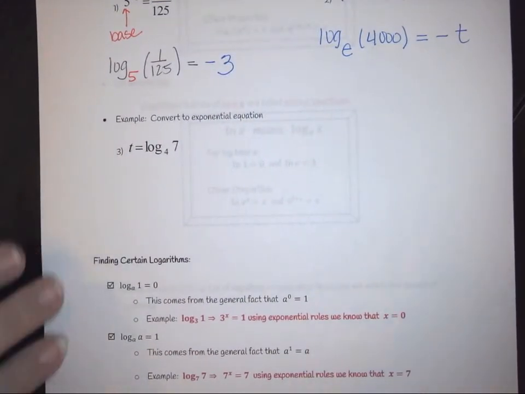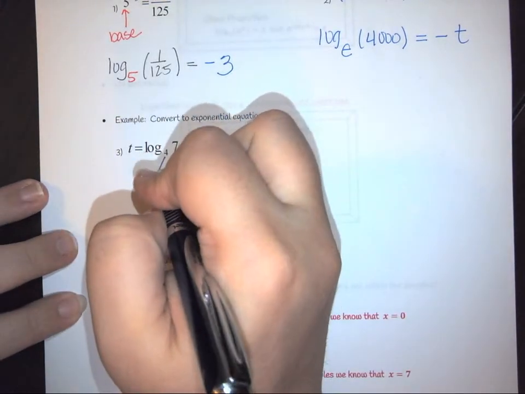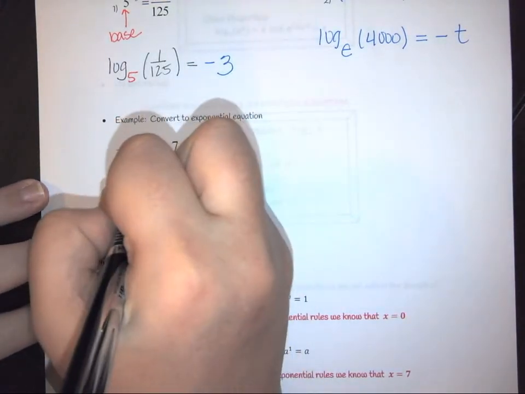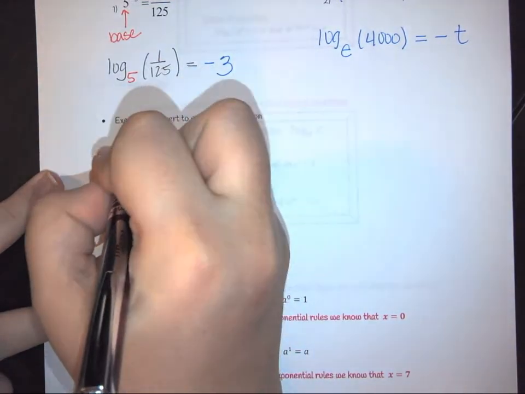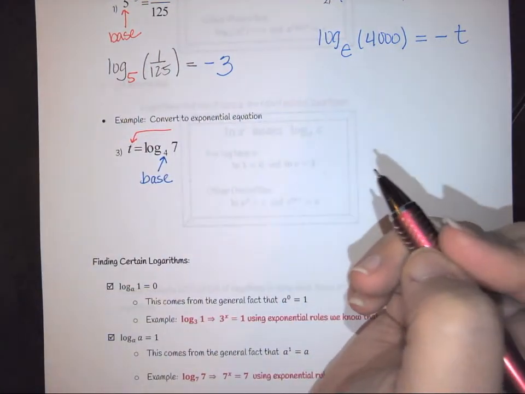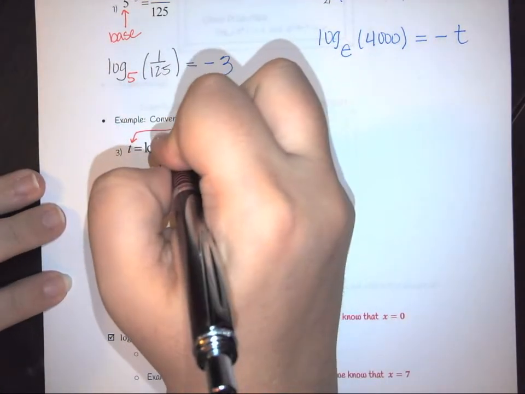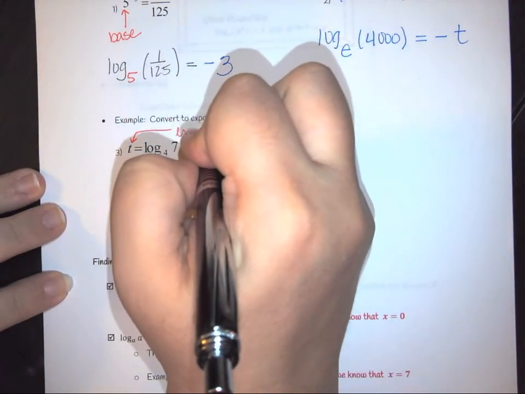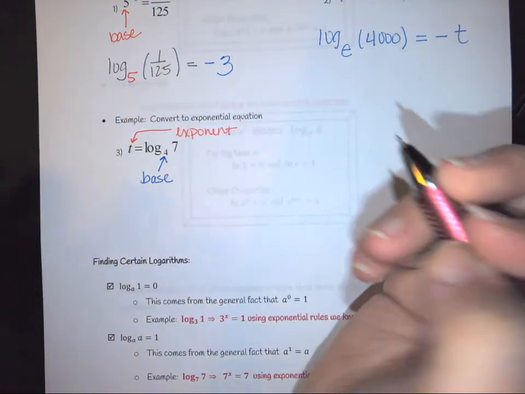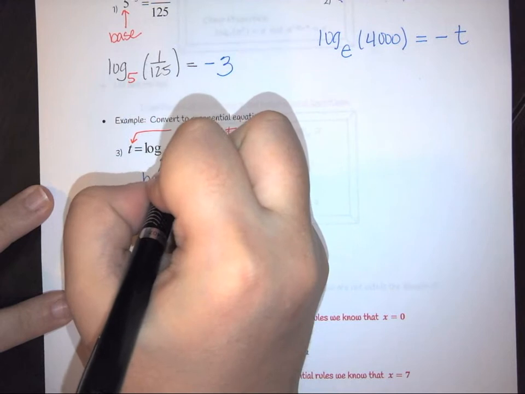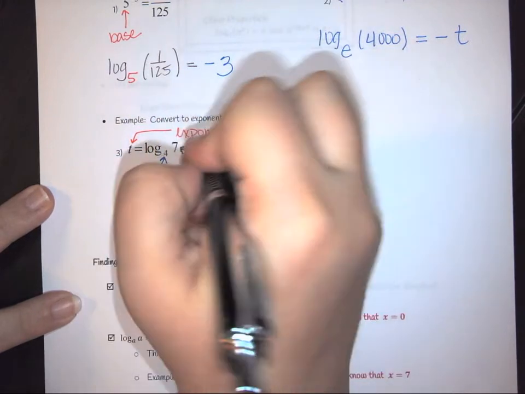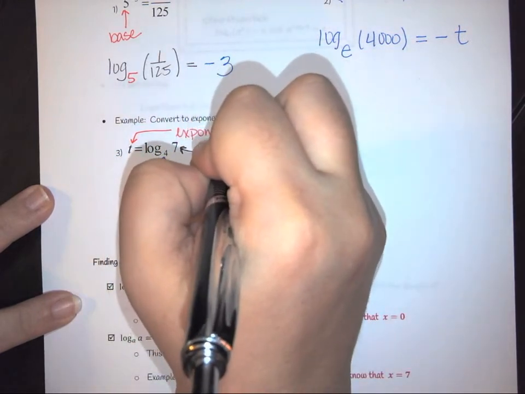Now we can go backwards. Again, remember that this is going to be your base. This one right here is going to be your exponent. And this one right here is what you're going to be equal to.